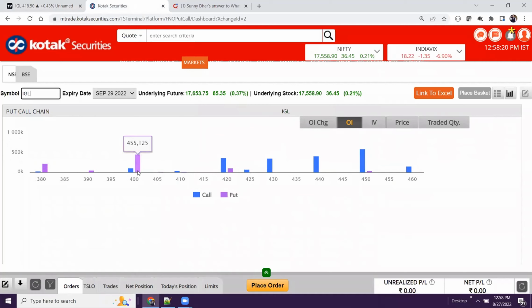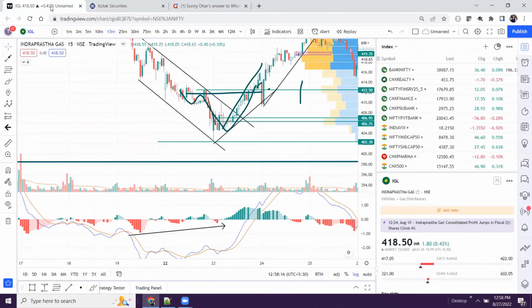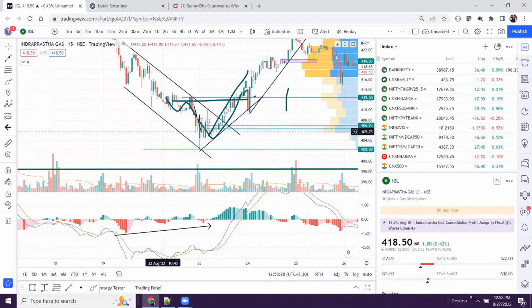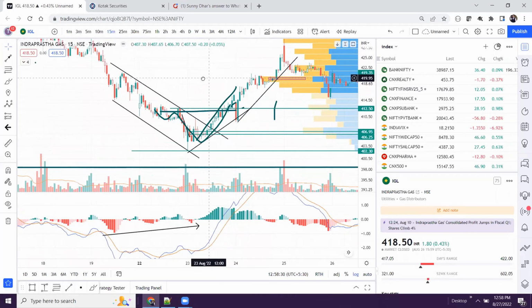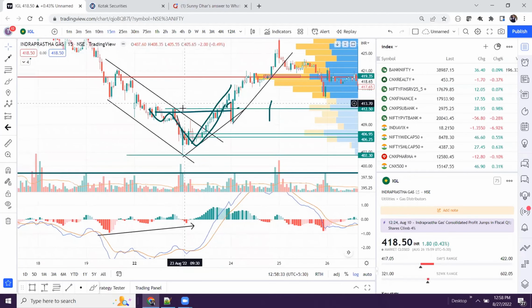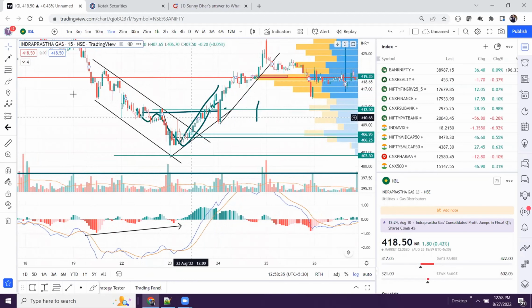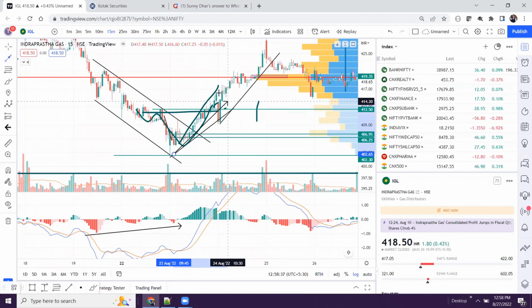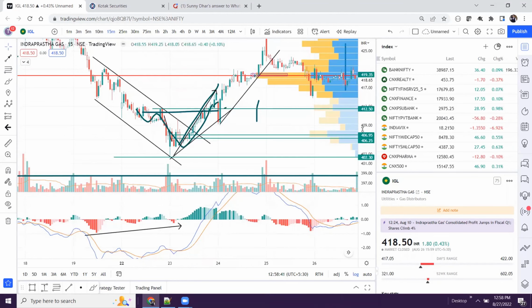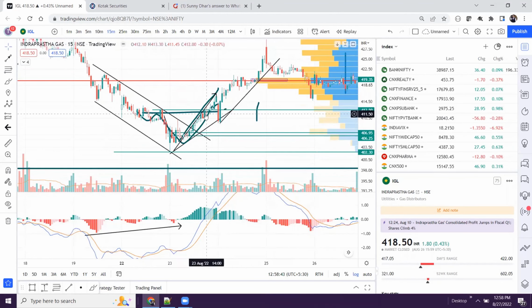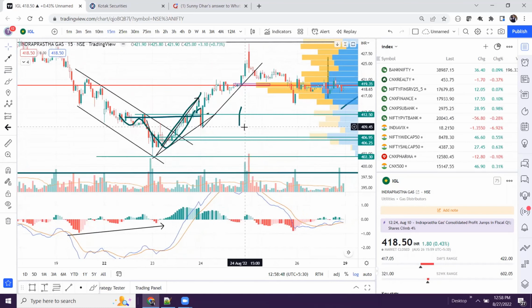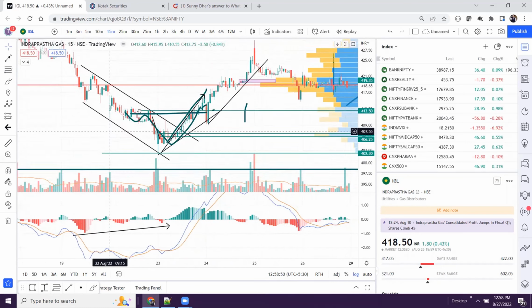Only the data that 400 is the highest open interest has to be proven, that 400 is a good support. As I have said in previous videos, I wait for a bullish pattern, and this is a bullish pattern for me. Yes, I was saying 400 was the reversal and you started tracking from here. As it crossed the 410, 412 level, it justified the trend reversal and that is where you bought.